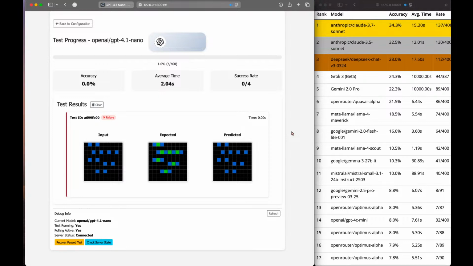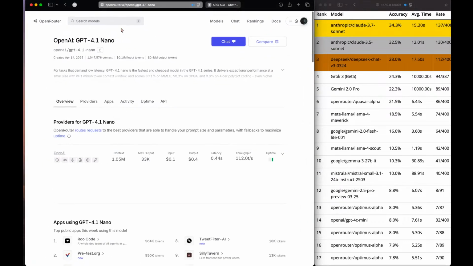Where to access? Yeah, they did mention it in the live stream that it's Quasar Alpha. They didn't mention which model it is, either the Nano, Mini or the complete version. But they did mention that Quasar was related to it. Yes, you can access it on Open Router. Let me show you. So this is Open Router.